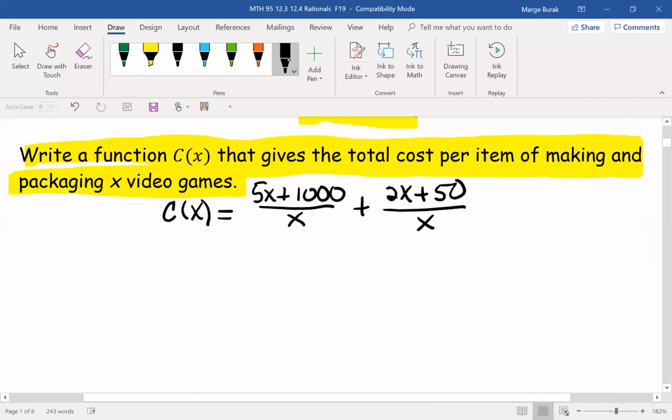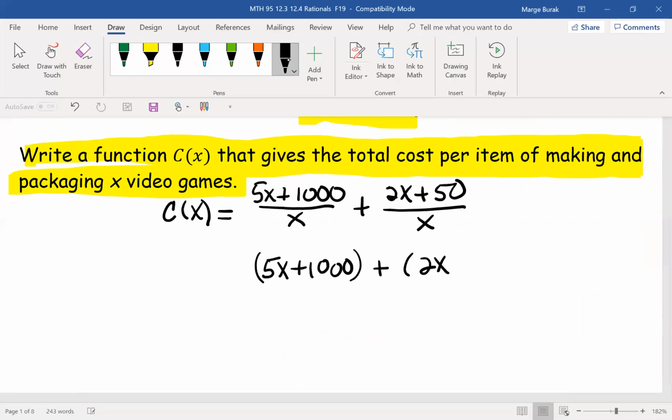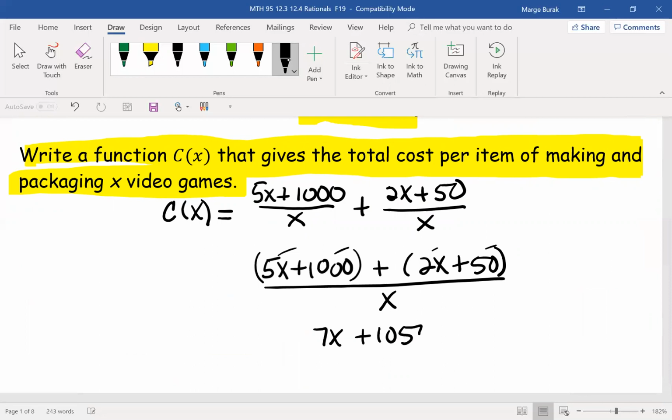Since they have the same denominator, we would have 5x plus 1,000, and then add that to 2x plus 50, all over the same denominator. Then we'll combine like terms. The 5 and the 2 becomes 7x, the 1,000 and the 50, and then we divide that by x. So this is going to be the total cost.